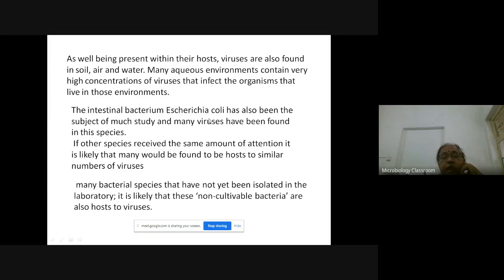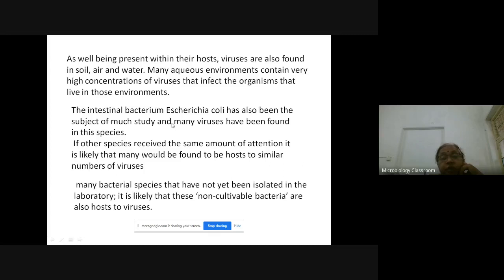Now, one more thing is that viruses are highly specific in nature. Only a few viruses, their life cycles and their structures, of course, have been studied in detail.